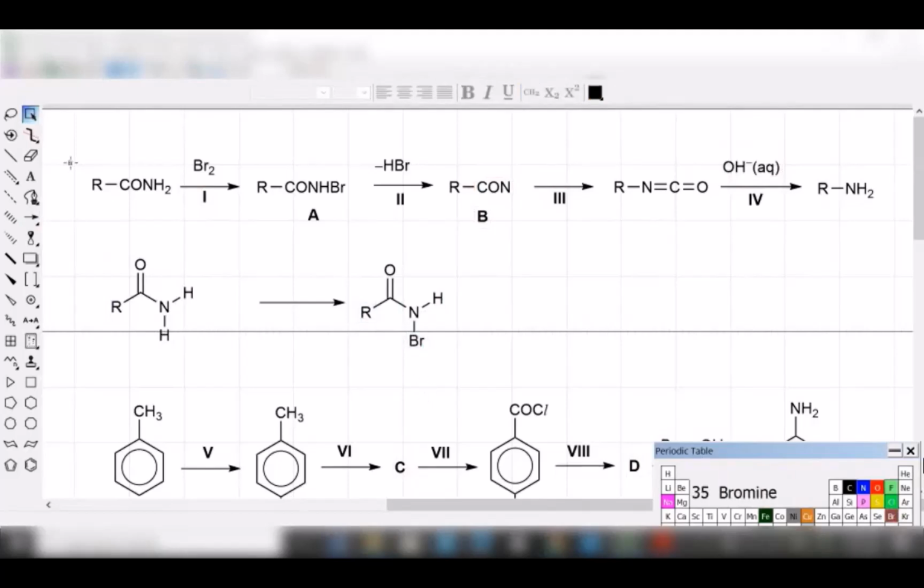Now if I simply go by common sense, actually this was a Cambridge question as well. Let's say we use common sense, what do you think is the byproduct?